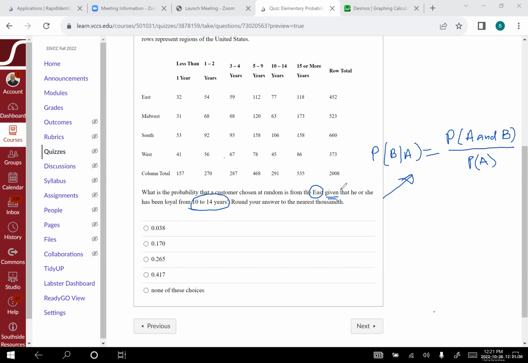I got the second one, the 0.170. All right, let's check that and see.